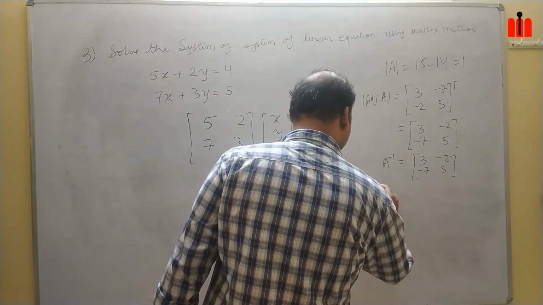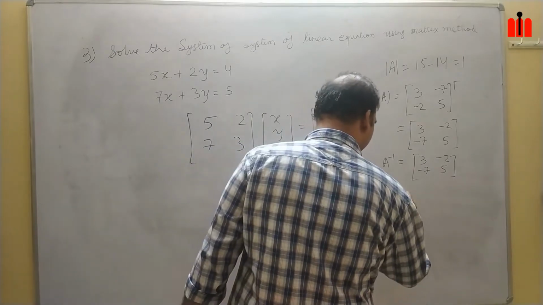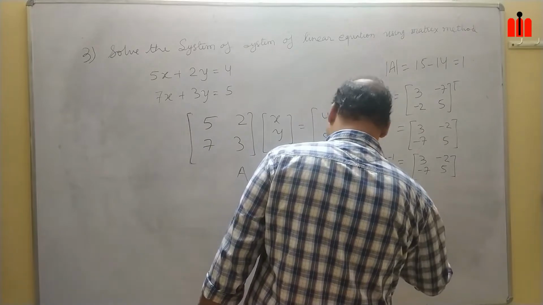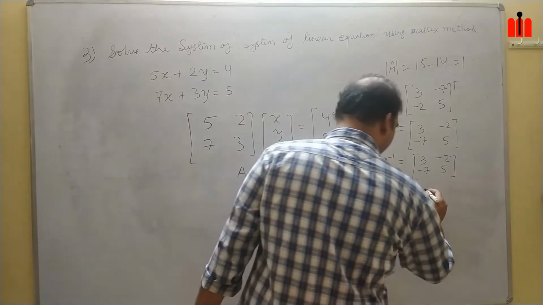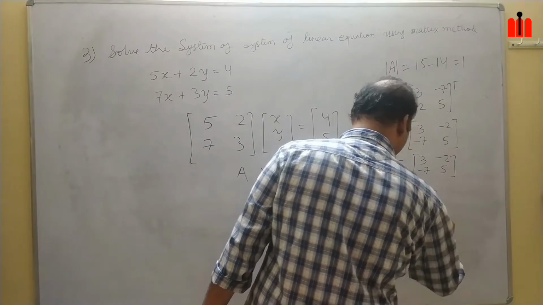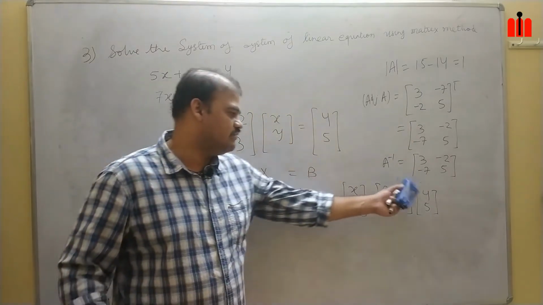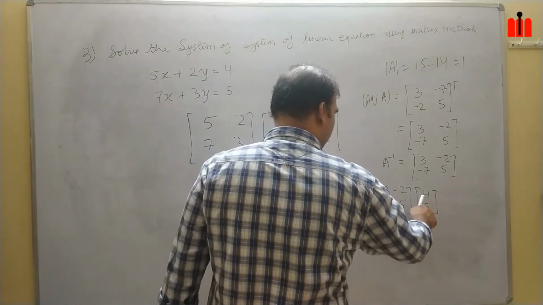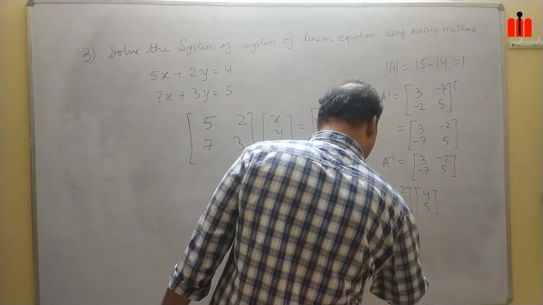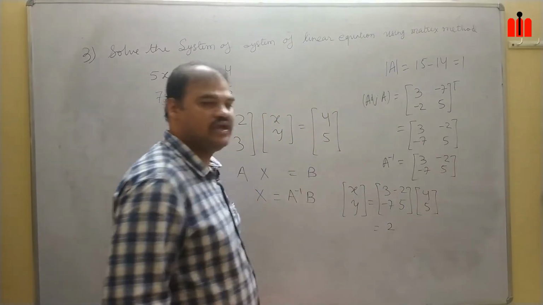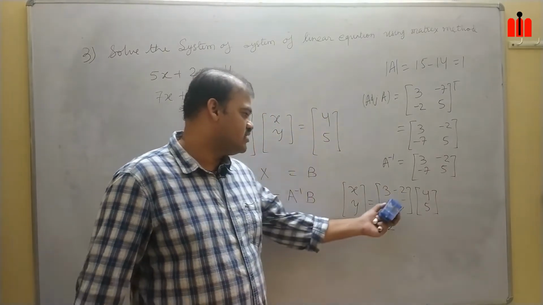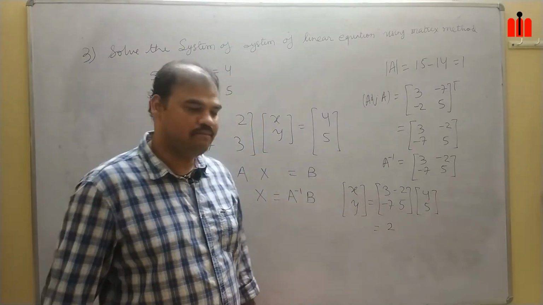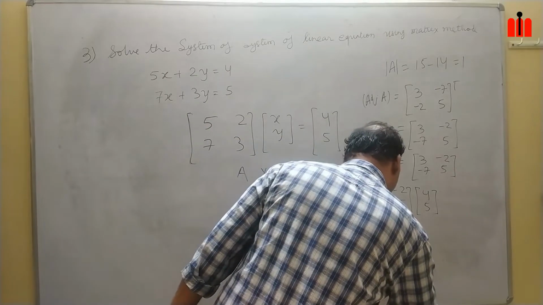A inverse is 3, minus 2, minus 7, 5, and B is 4, 5, the constants of the equations. We multiply these two. 4 times 3 is 12, 5 times 2 is 10, so 12 minus 10 is 2. 7 times 4 is 28, so minus 28 plus 25 is minus 3.